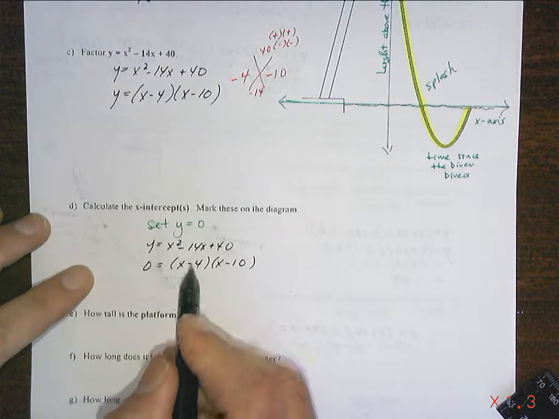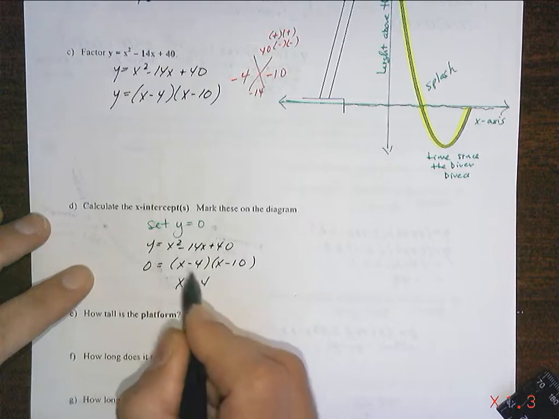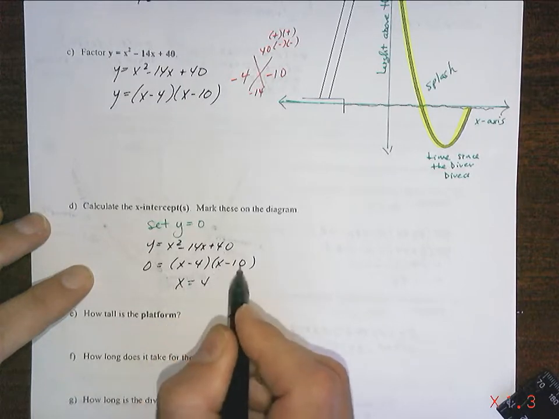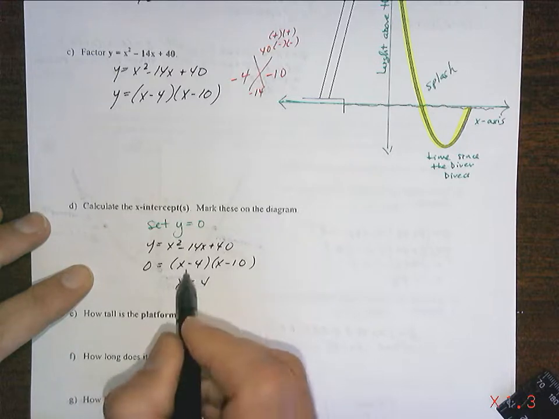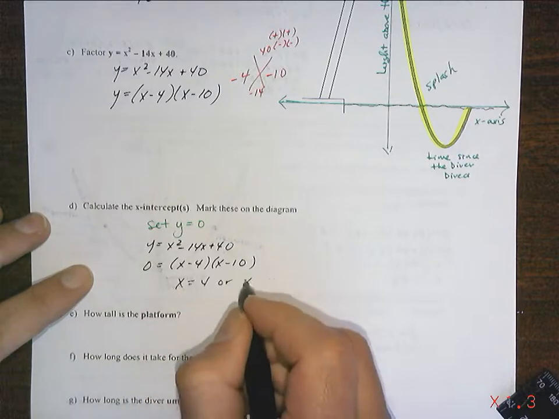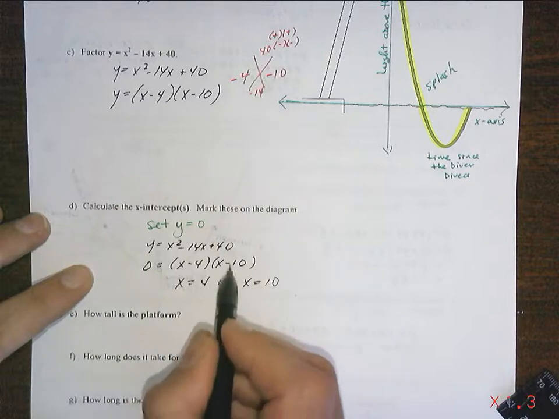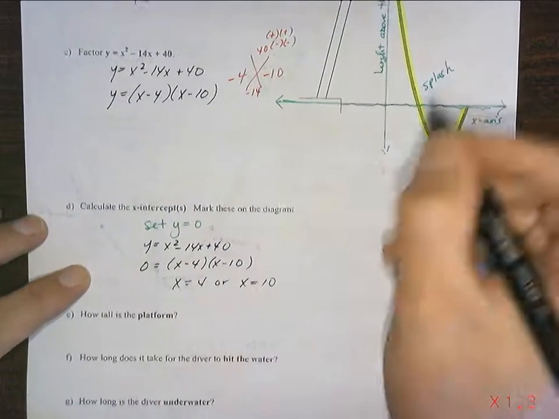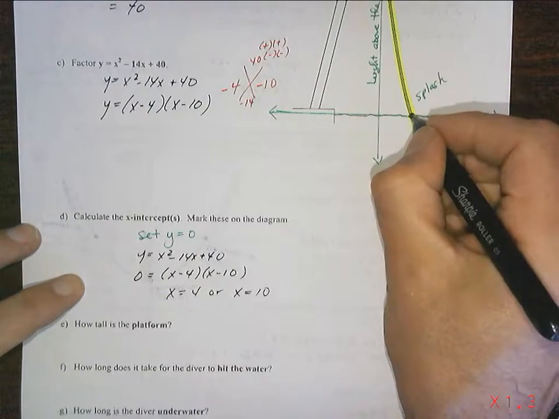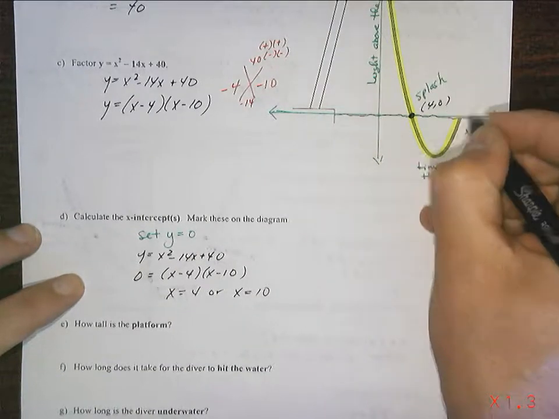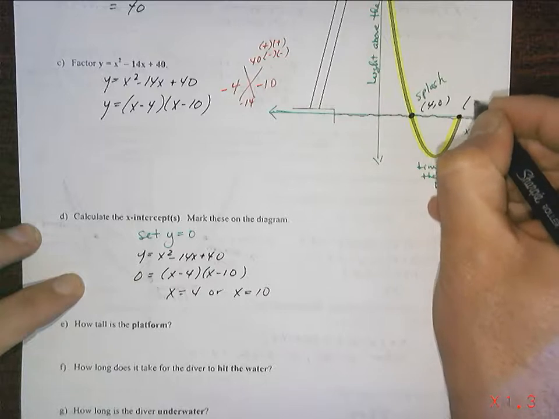Either the first one is 0, in which case x equals 4, because 4 minus 4 is 0. Now this won't be 0. This will be 4 minus 10, which is negative 6. But 0 times negative 6 is 0. Or x equals 10, because that'll make this one 0. Yay! Mark them on the diagram. This one is going to be an x-intercept at 4, 0. This one's going to be an x-intercept at 10, 0.